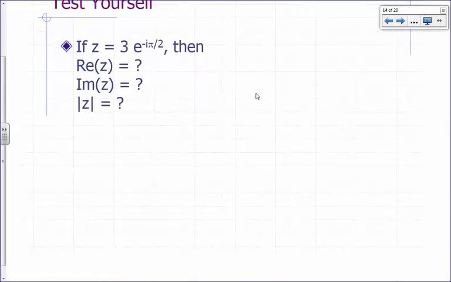Suppose z is equal to 3 e to the negative i pi over 2. What's the real part of z? What's the imaginary part of z? And what's the absolute value of z? So you can see that this is the absolute value of z times e to the i theta, right? So what is our absolute value of z? It's 3. What is our theta?